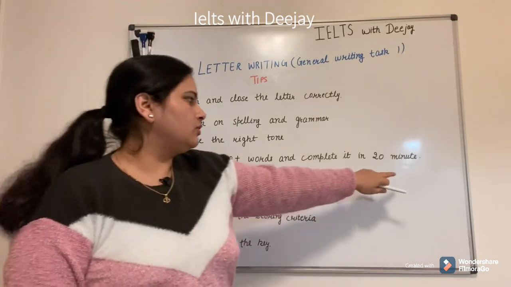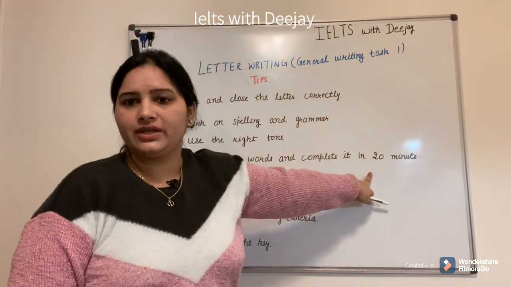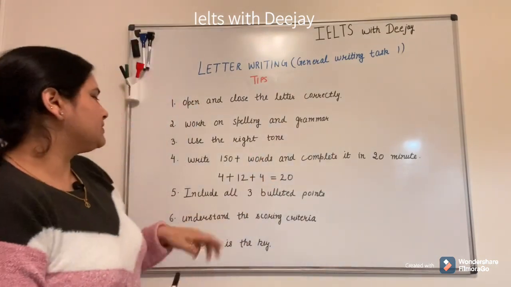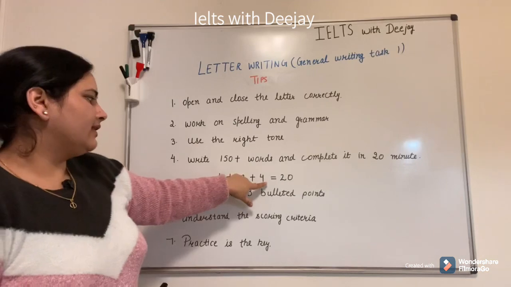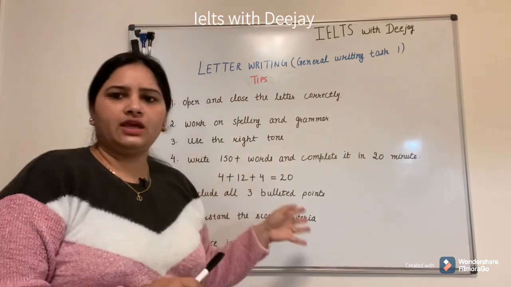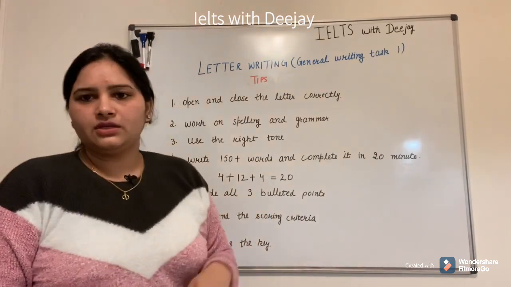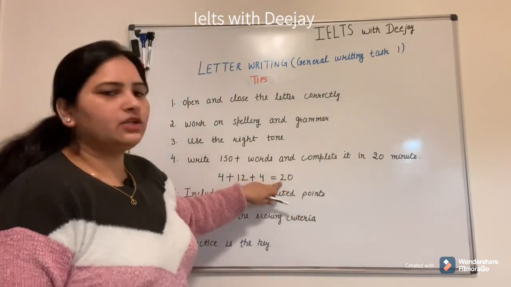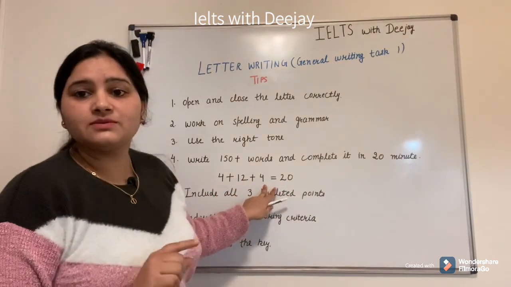So you have to keep this time frame in your mind. What I do is 4 minutes for planning, 12 minutes to write, and the last 4 minutes for proofreading, for any grammatical or spelling mistakes. It will take 20 minutes. Planning, writing, proofreading, this is a must.